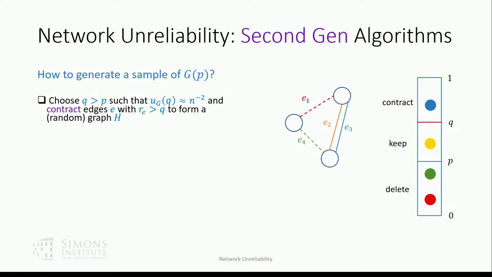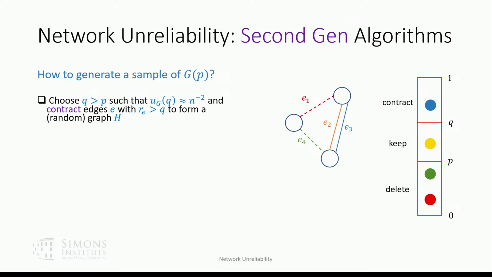So those are edges that I can contract. Edges that lie in this box, I really don't know what's going on with them yet. So I set this threshold q, deliberately chosen to be a larger threshold, and contract all the edges that appear above q. That generates a random graph for me.